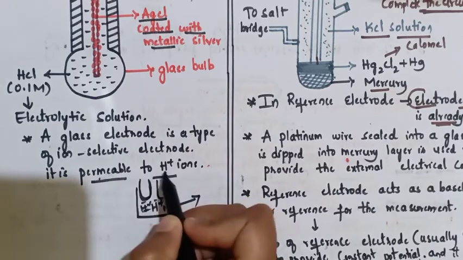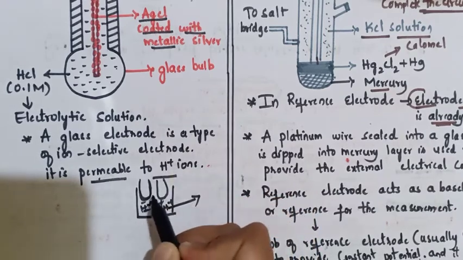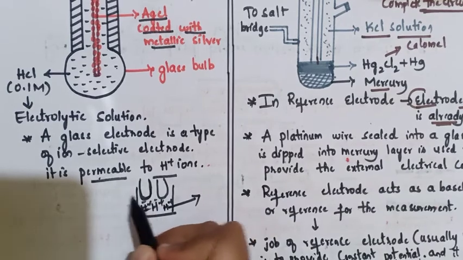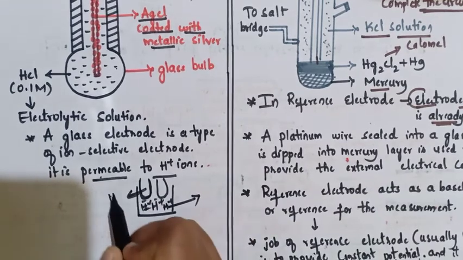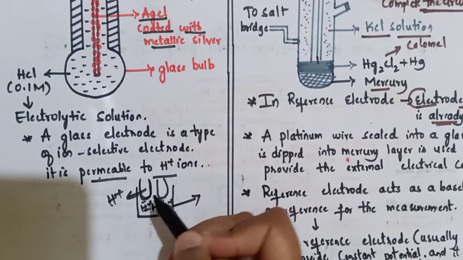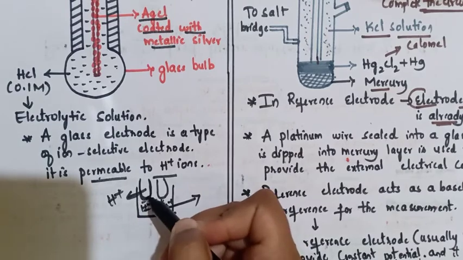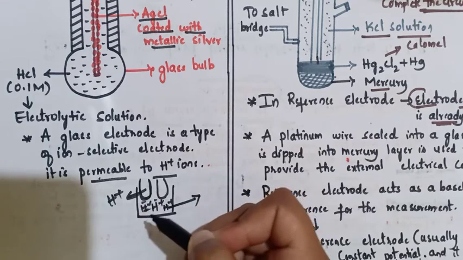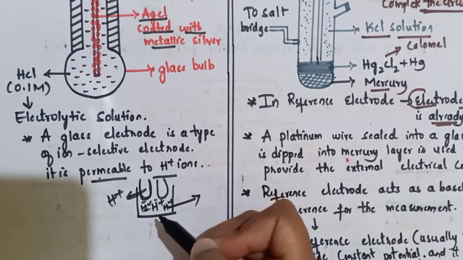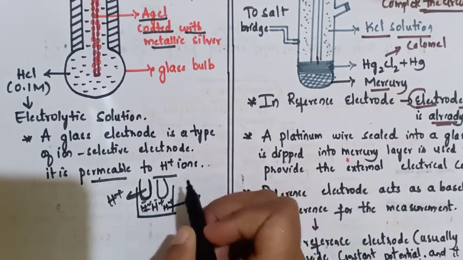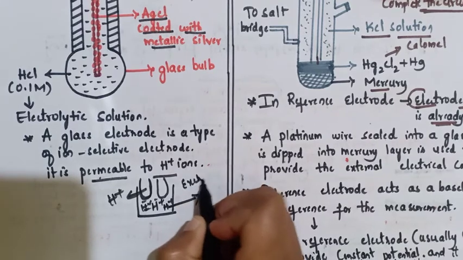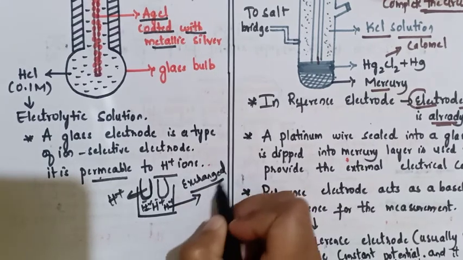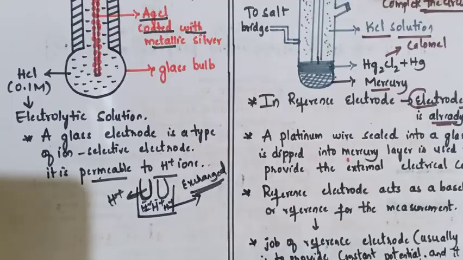Because it is permeable to H+ ions, and the positive ions present on the glass electrode will move to the soil sample. That means these two positive ions get exchanged. This is a very important point.